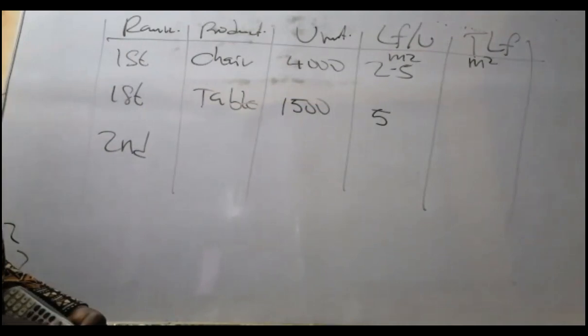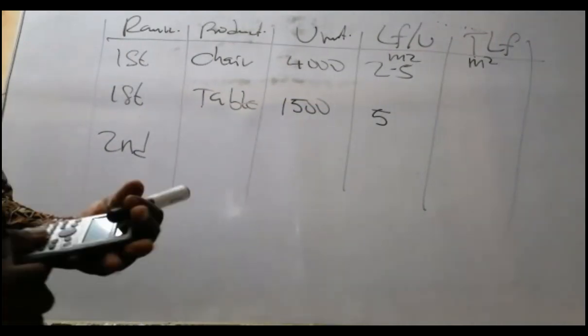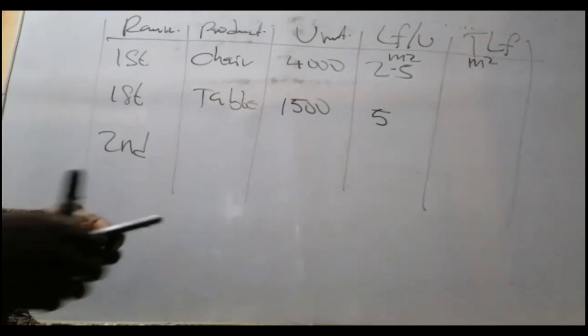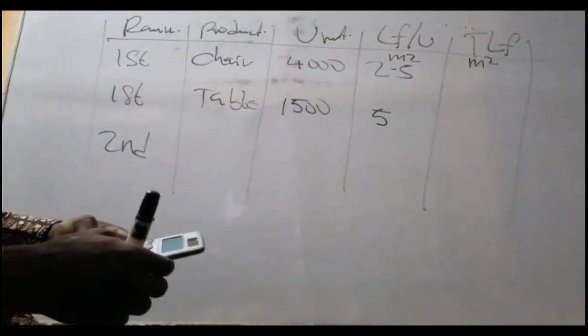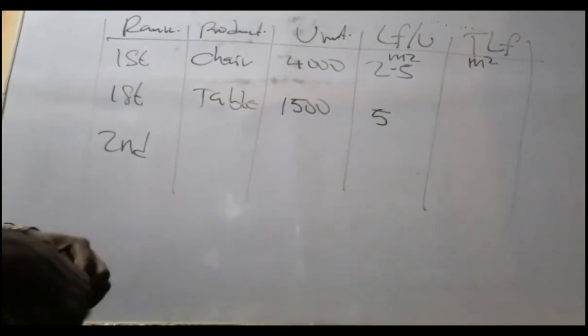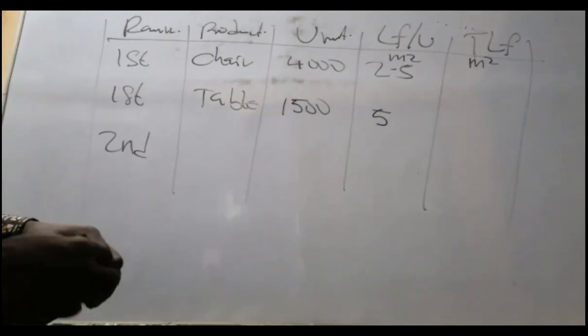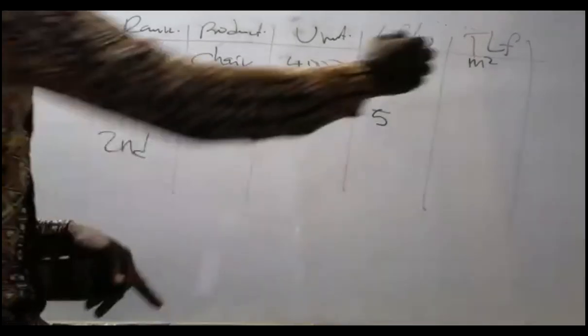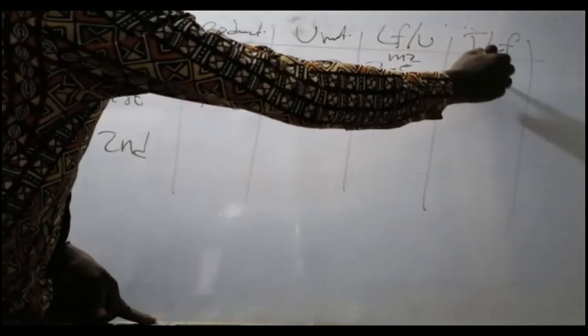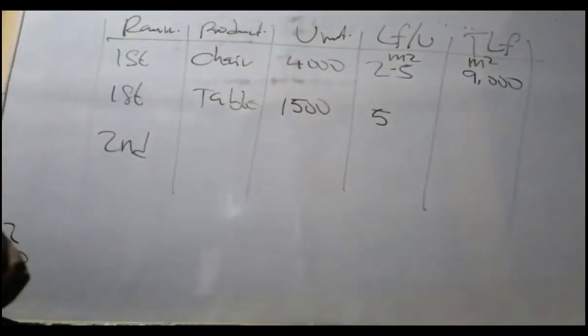So what will be the total limiting factor? Total limiting factors for that of chair. So 4,000 by 2.5. That will be somewhere 9,000, right? Or 10,000.